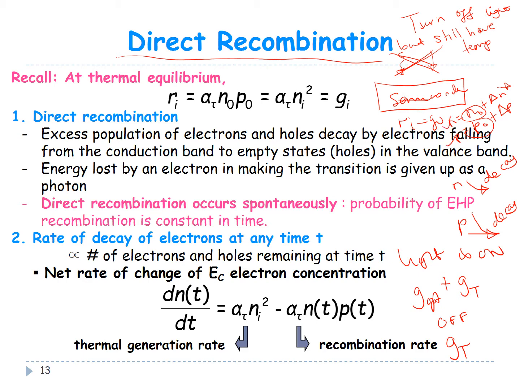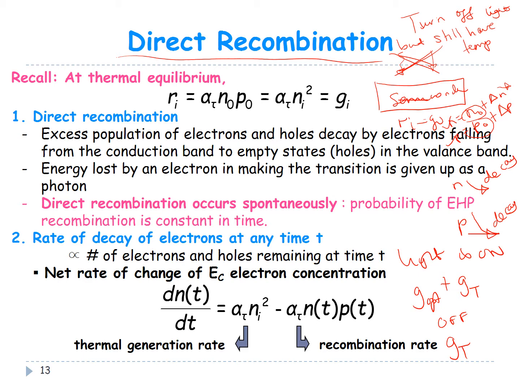It's going to decay with time. So when we say direct recombination, in this case, we are considering the decay of electrons and holes after turning off the excitation, after turning off the light. We want to see how the concentration of electrons and holes decreases with time.